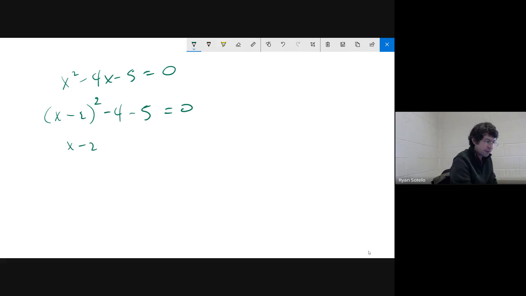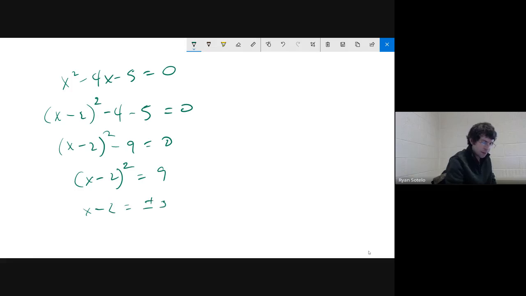Okay, so that's x minus 2 squared minus 9. I put the 9 on the other side. Square root both sides. And then you get x is equal to 2 plus or minus 3. So that means it's either 2 plus 3, which is 5, or 2 minus 3, which is minus 1.